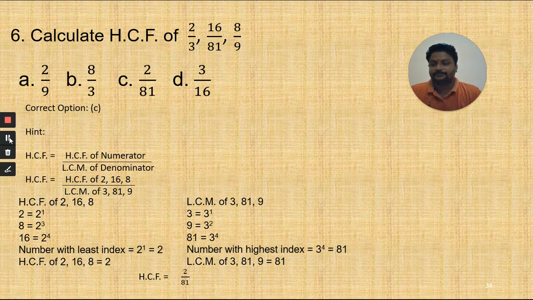So using the factorization method, we get the answer HCF of 2, 16, 8 is equal to 2. LCM of 3, 8, 18, 9 is equal to 81, using the factorization method. So the HCF of the given fractions is equal to 2 by 81. Option C is correct.